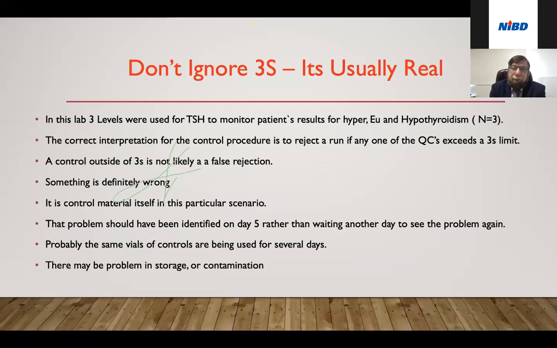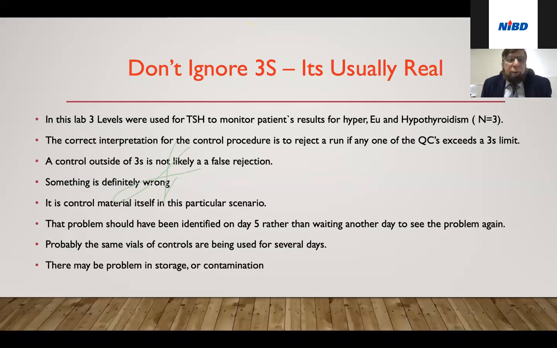3S is a very important error. Out of the Westgard rules, which you studied in the last lecture, 3S is very important because 3S is almost always a true alert. It cannot be a false rejection. It is a true rejection.